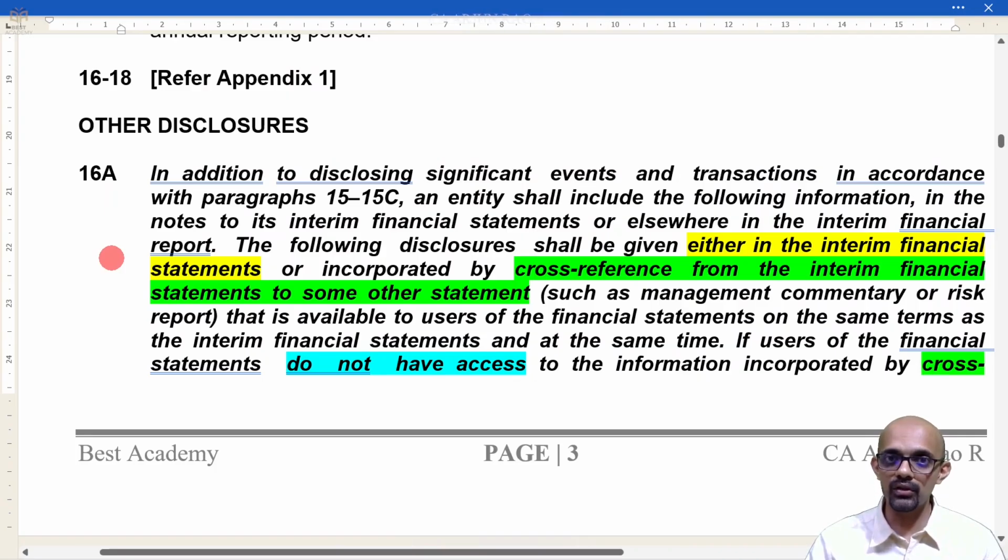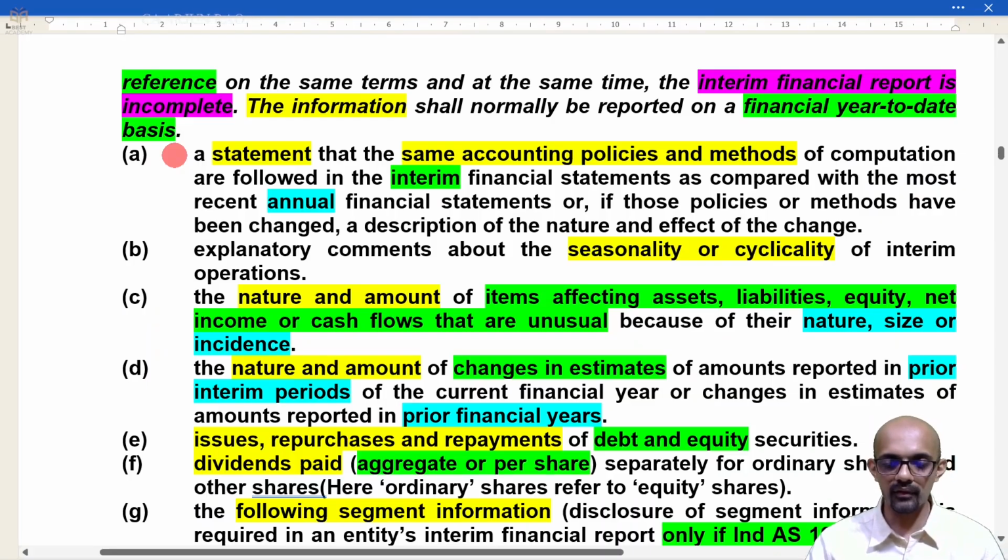These disclosures can either be given in the interim financial statements or incorporated by a cross reference to some other statement. Those statements should also be readily available. We'll go through some of these disclosures. An explicit statement that the same accounting policies and methods followed in the annual statements are also followed in the interim statements.